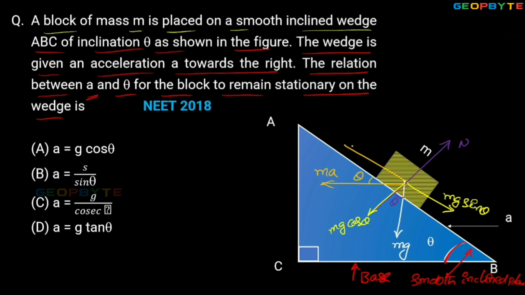This is the ma. Along the plane it is ma cos theta, and perpendicular to the plane it is ma sin theta, not mg, ma sin theta.